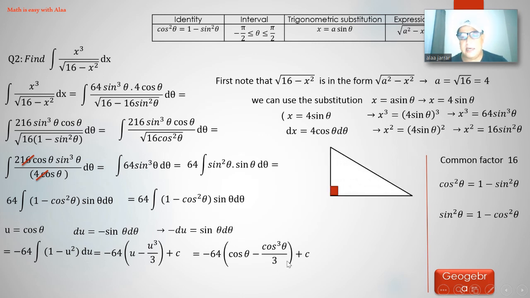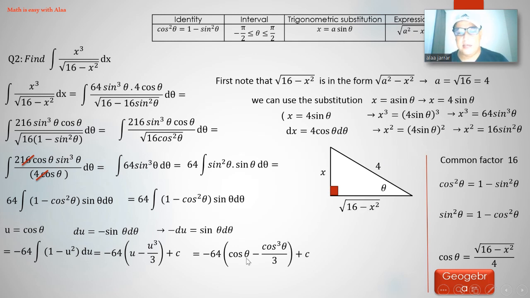Now in the right triangle, theta is the angle here, then the opposite side is x and the hypotenuse is 4, and by the Pythagorean theorem the adjacent will be the square root of 16 minus x squared. Now cosine theta equals the adjacent over the hypotenuse. It means that cosine theta equals the square root of 16 minus x squared over 4.